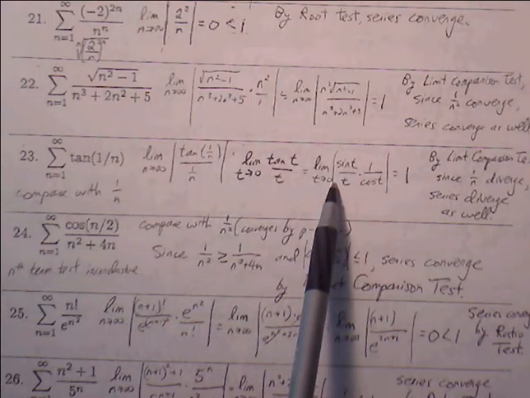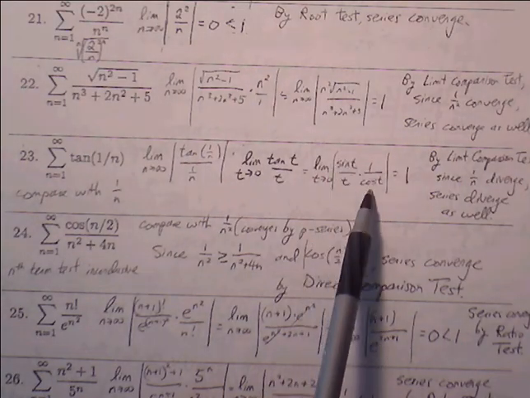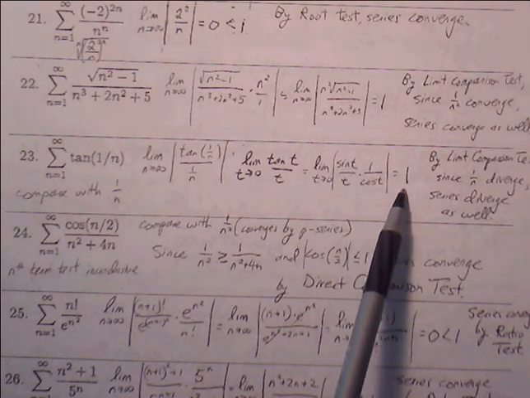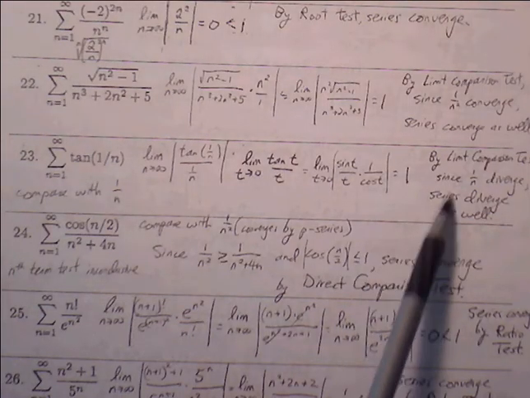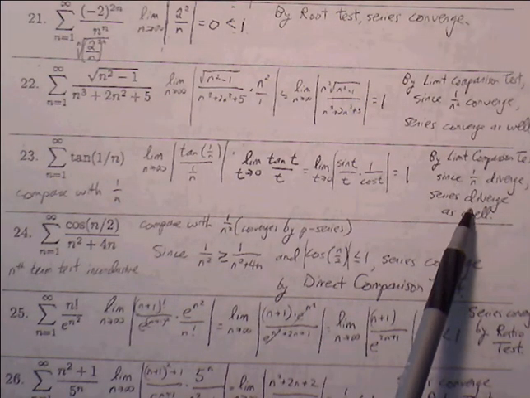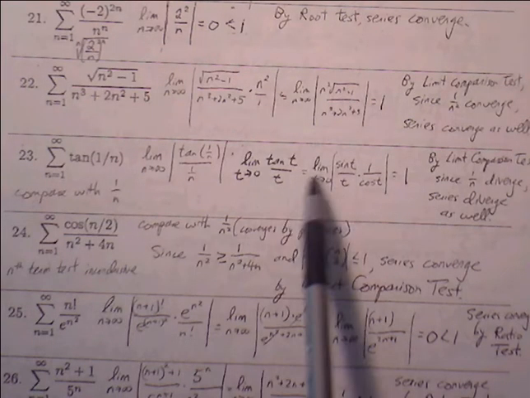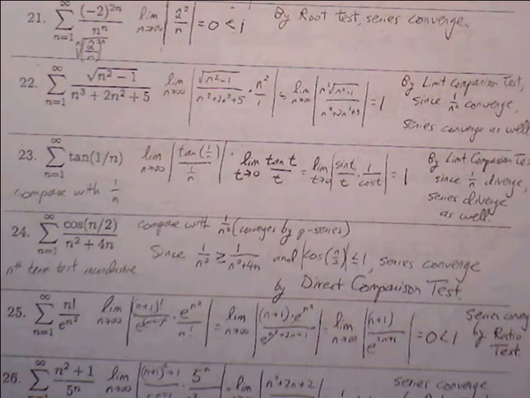We know that sine of t over t is equal to 1 as t approaches 0, and 1 over cosine t will equal 1. So this is enough to show that the limit comparison test stands. Since 1 over n diverges, which is the series we're comparing with, this series must also diverge.